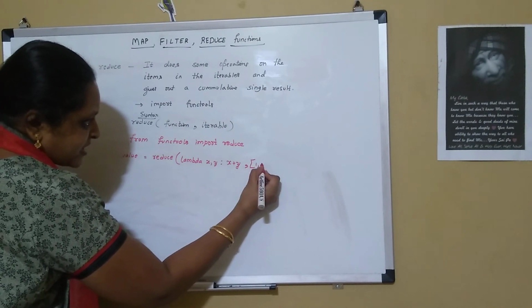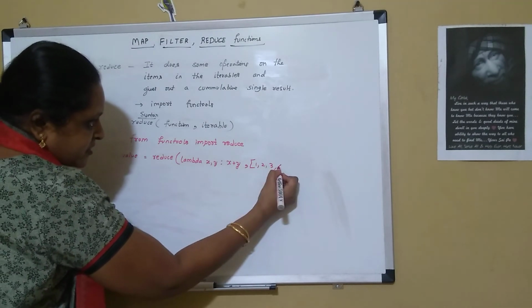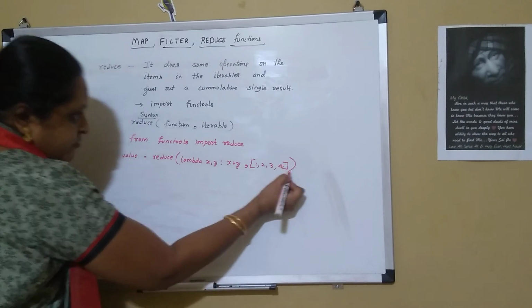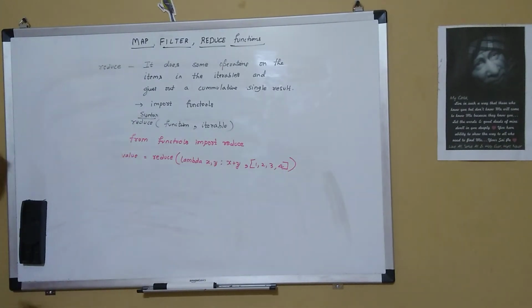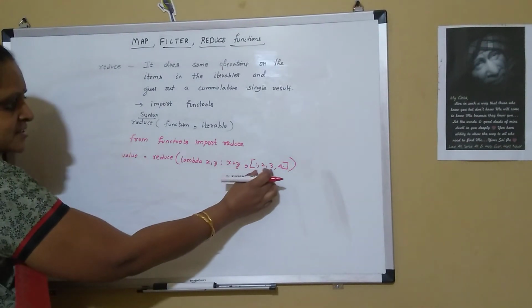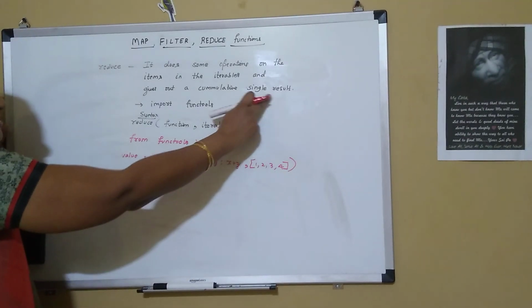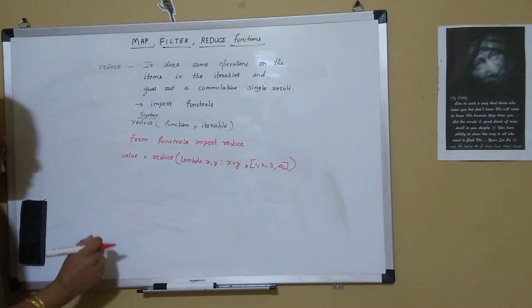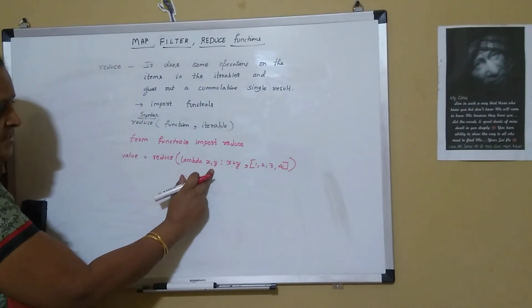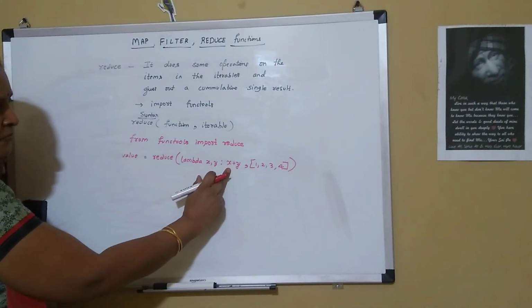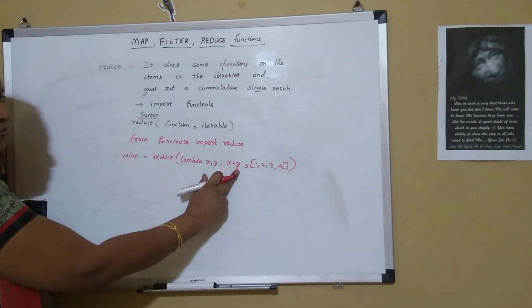I'll have the iterable over here itself. So what does reduce do? It does some calculation and comes to a single result, a cumulative single result. I have taken two arguments x comma y, and I am performing the operation x plus y.